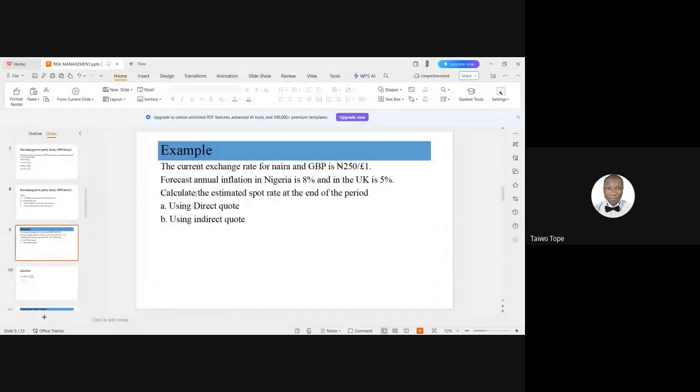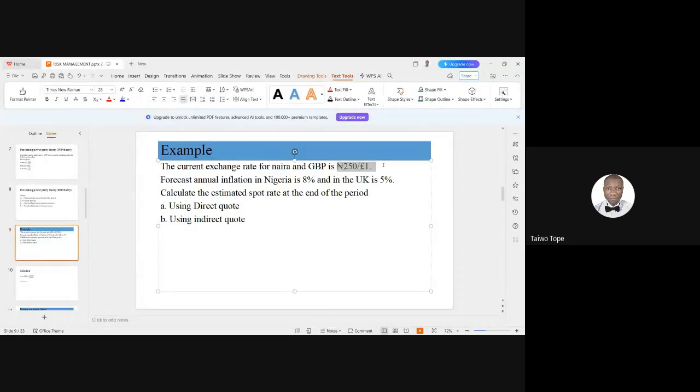Let's come back to the question. This is a direct quote, right? If you want to get the value of pounds in relation to naira, the reciprocal of this, £1, will be equal to 250 naira.